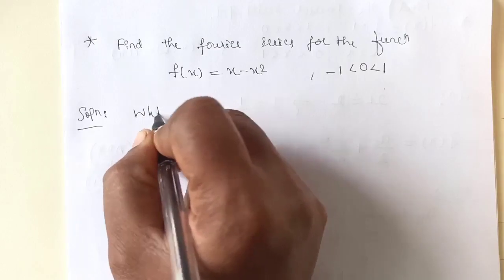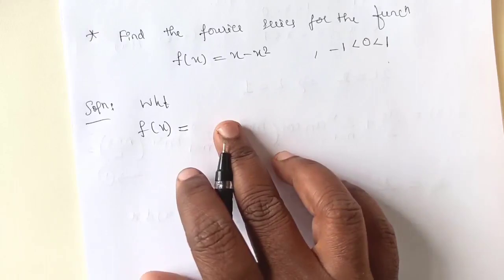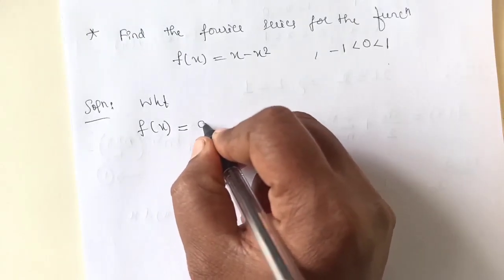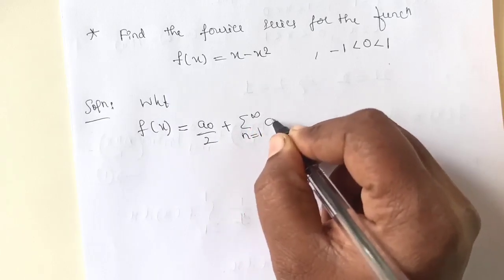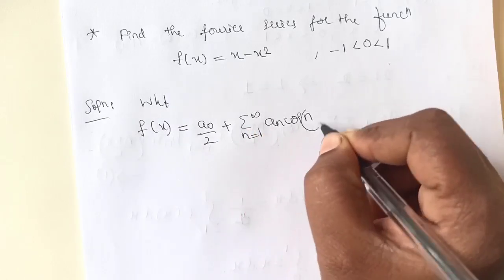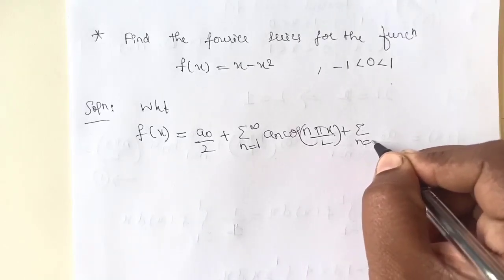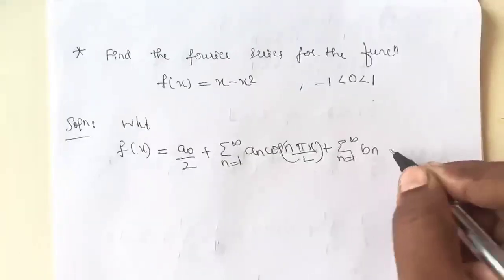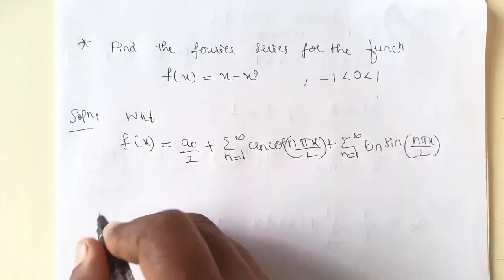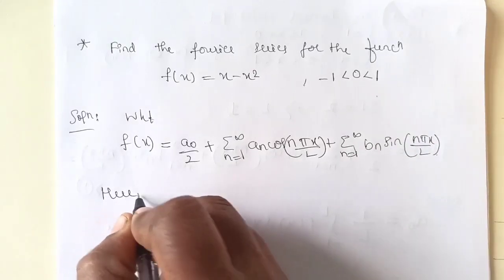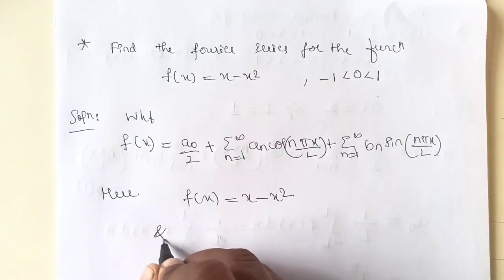We know that f of x, that is Fourier series for period 2L, is given by a0 divided by 2 plus summation n equals 1 to infinity an cos n pi x divided by L plus summation n equals 1 to infinity bn sin n pi x divided by L. Okay.